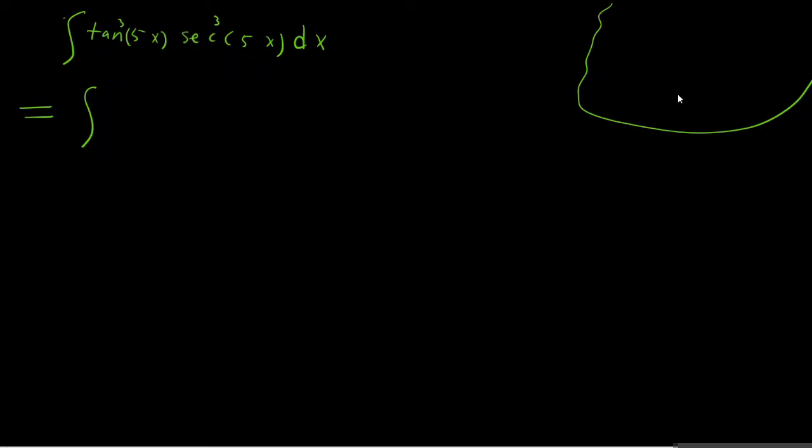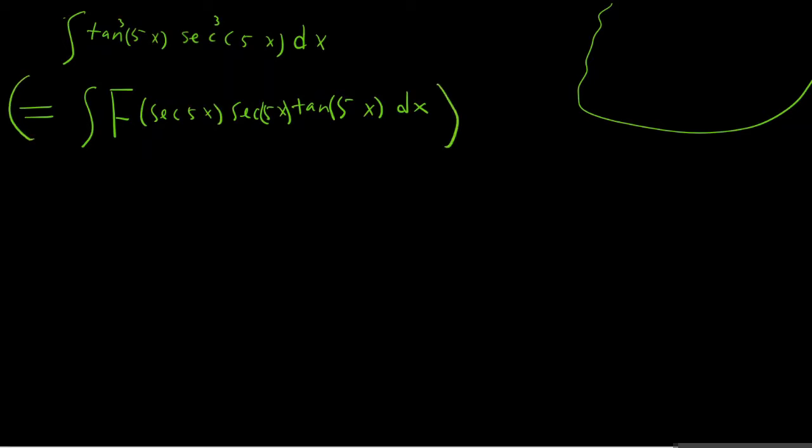So now let's say you leave out tan of 5x times secant of 5x, and then for all the rest, I want to rewrite all the rest in terms of secant of 5x. That's not part of the solution. I was trying to record the form for the particular k value of 5.